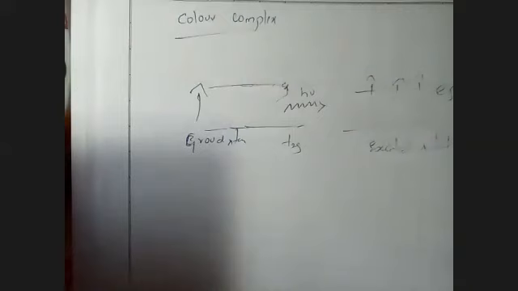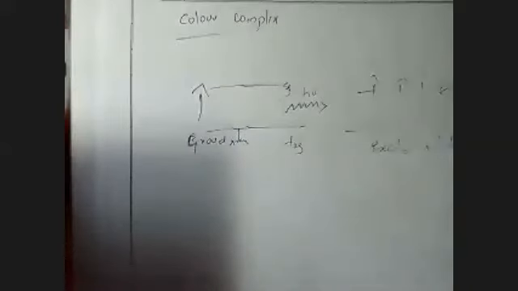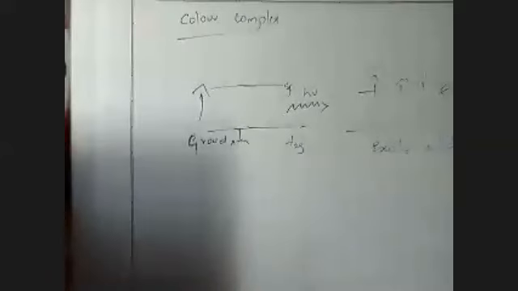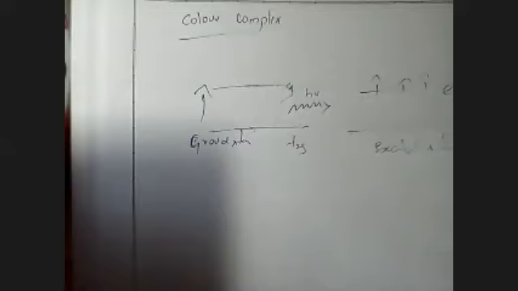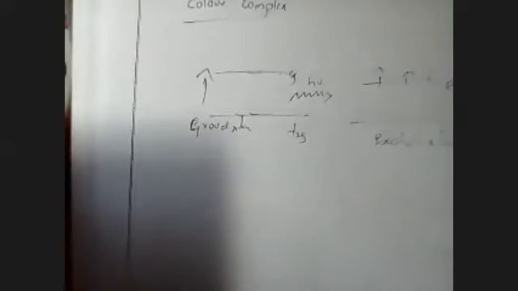So how are colored complexes formed? First the electrons are in the ground state. That electron will receive the light, and by receiving the light energy it excites to the outermost orbital. As energy is received, it will excite. That excitation causes an emission of light, and that emission of the light gives you a color.